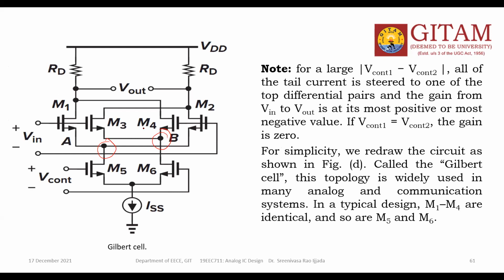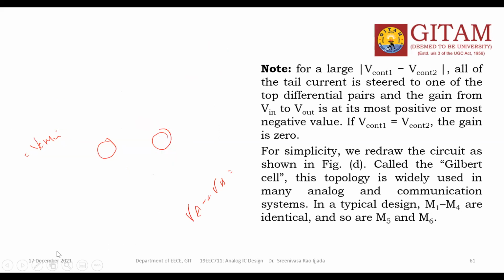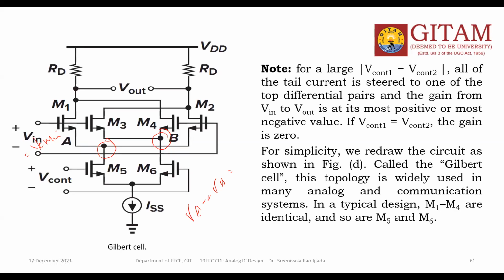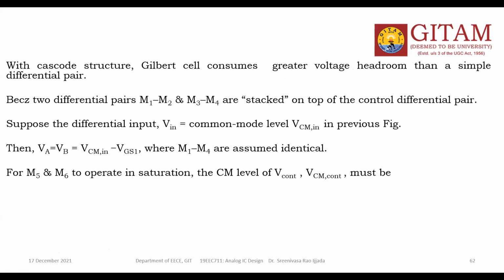This node voltage is VCM in. So this voltage is equal to this one. VA is equal to VB is equal to what? V control 1 minus... what is that one?